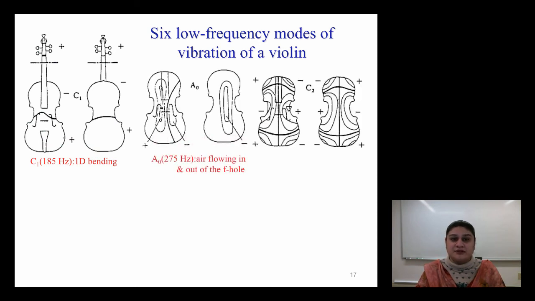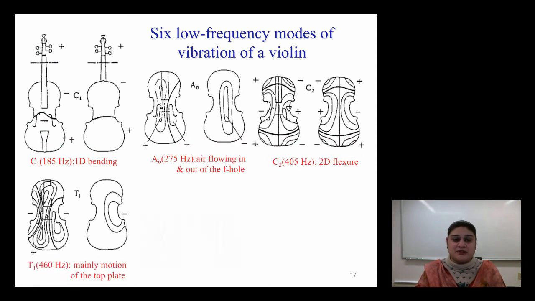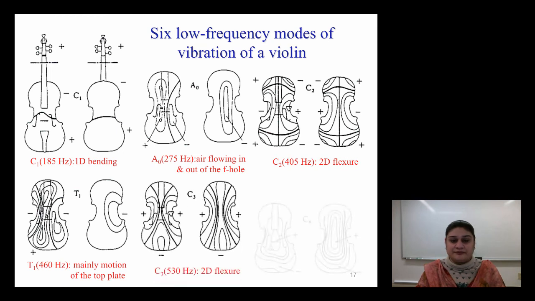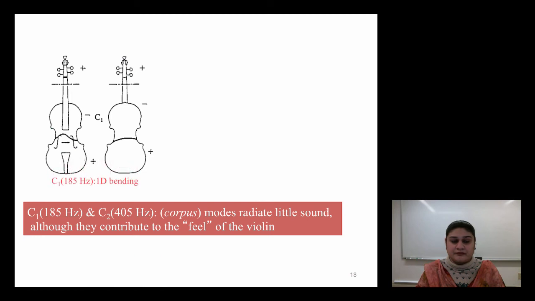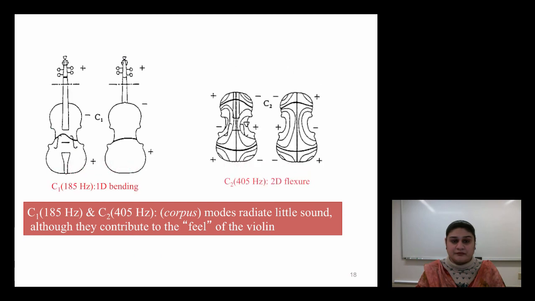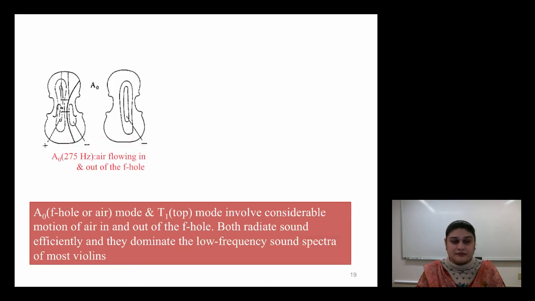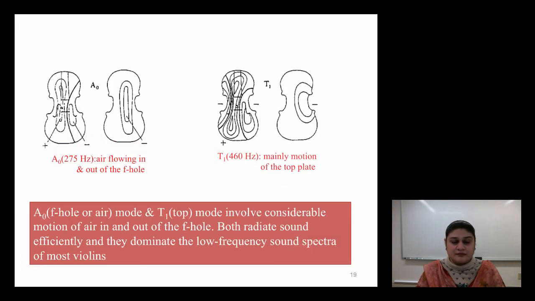We are not going to go into too much detail, but I just wanted to show these to you. Again, C1 and C2 radiate little sound, although they contribute to the feel of the violin. More resonances.